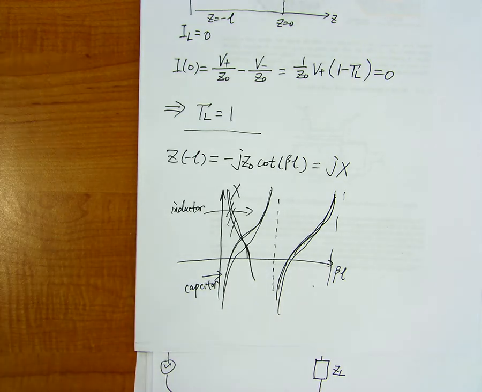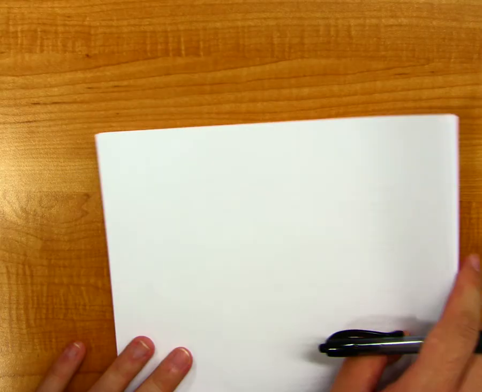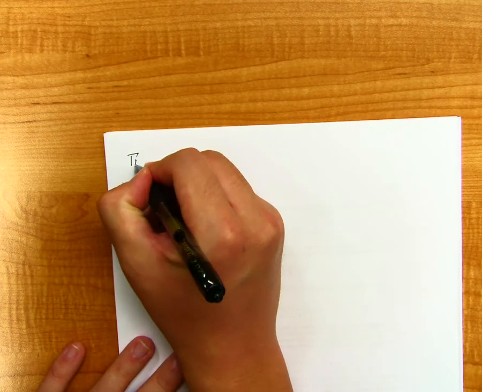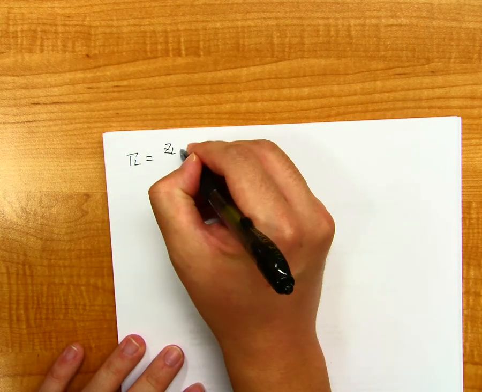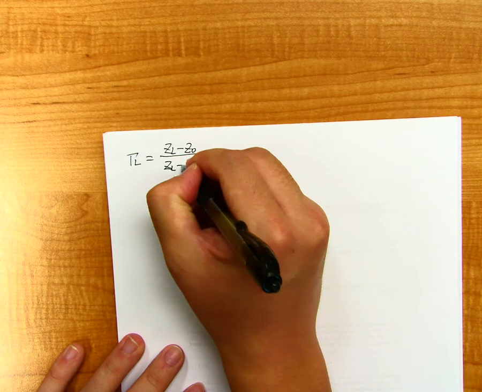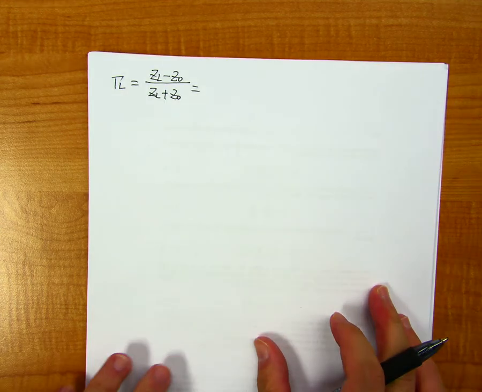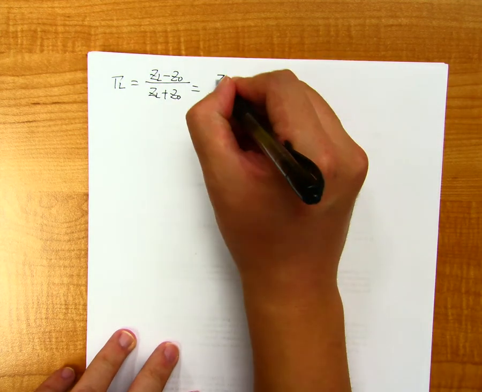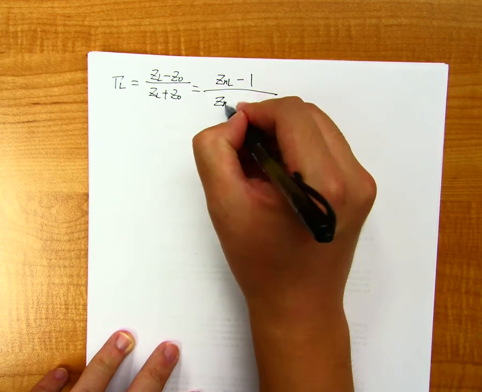And one thing we learned from these cases is that gamma L is equal to (Z_L minus Z naught) over (Z_L plus Z naught), which, if we use the normalized impedance, is (Z_nL minus 1) over (Z_nL plus 1).